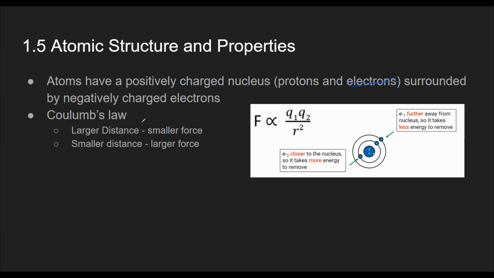The simplest way to put it is the larger distance there is between two electrons, the smaller the force, and the smaller distance two electrons are, the larger the force. So this diagram is basically just showing it. Electrons closer to the nucleus require more energy to remove, while this electron over here is further away from the nucleus, so it takes less energy to remove, and this would be considered a valence electron.